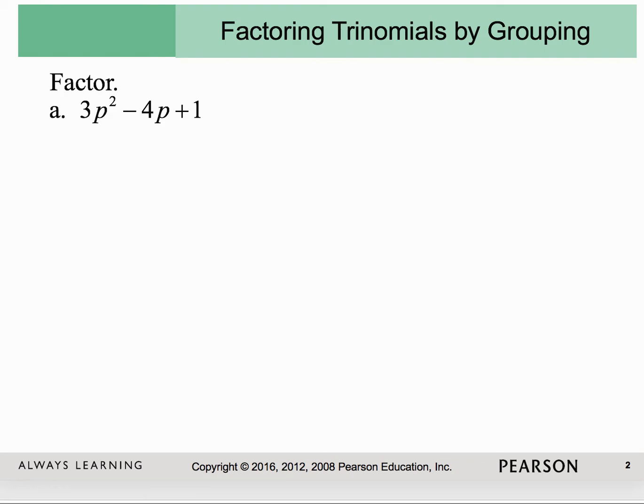It's a trinomial. Anytime it's a trinomial, I'm looking for two numbers that when I multiply them give me 1 times 3, and when I add them give me -4. The only numbers that multiply to give 3 are 3 and 1. But if I add them, I get 4.